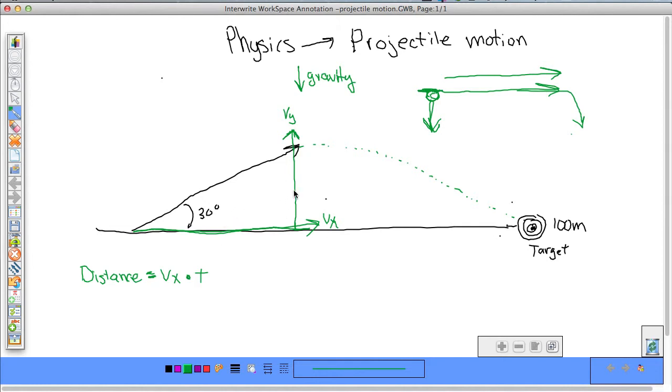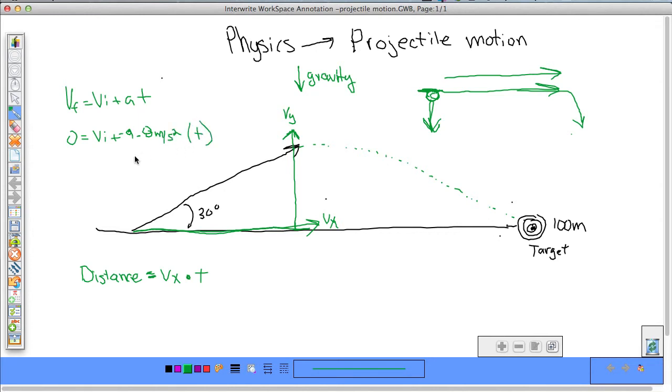For my velocity in the y direction, we have another formula. Velocity final equals velocity initial plus acceleration times time. We need to say our velocity in the y direction eventually is going to be 0, and our initial velocity, we don't know, plus our acceleration, which is going to be negative 9.8 meters per second squared, times our time.